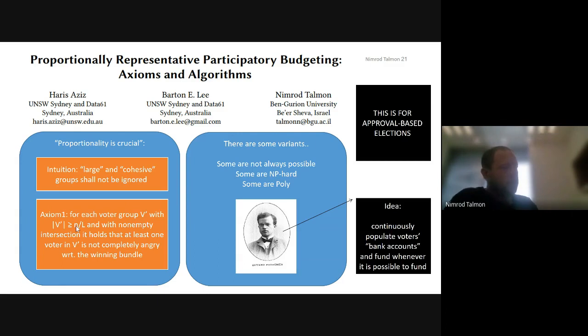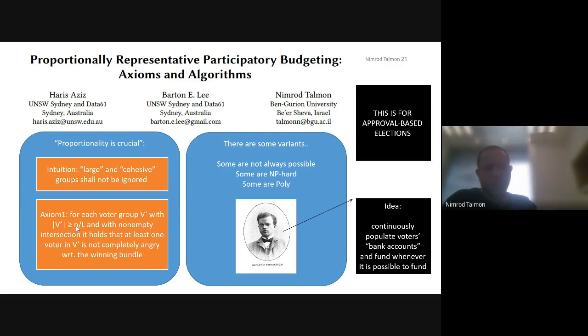So they do not respect minorities, even in a very weak sense. And now the question is whether there are algorithms that respect these kinds of axioms, and we could find some of them. Here I showed you only one axiom, but there are other similar axioms with different flavors that we also played with.